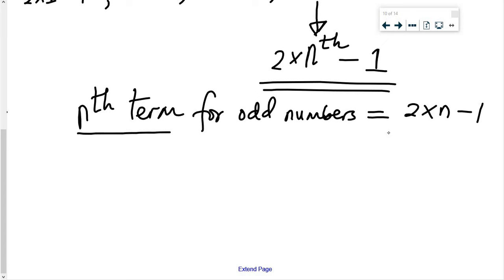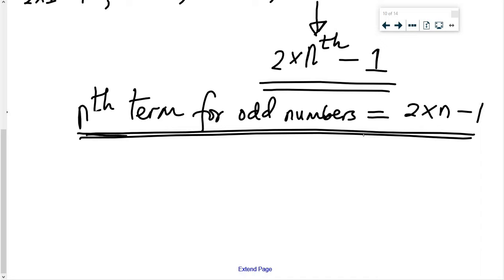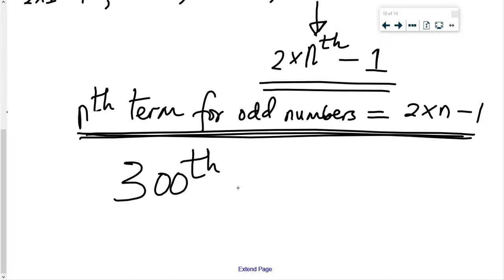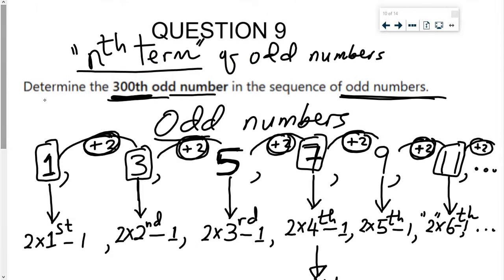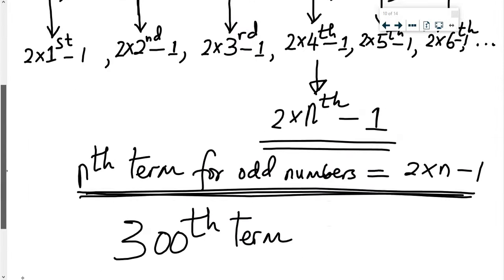Can we now use this formula to calculate the 300th term? Because that is the question. Determine the 300th odd number in the sequence of odd numbers.